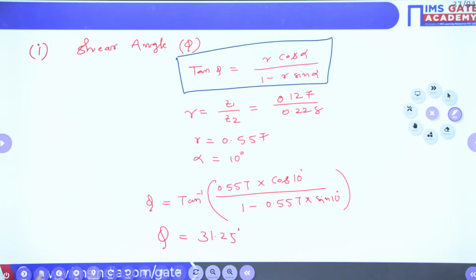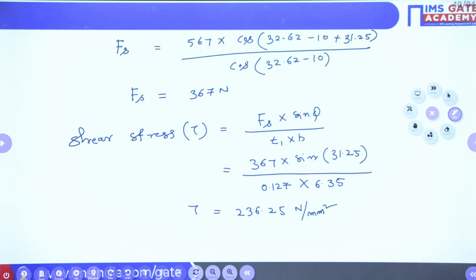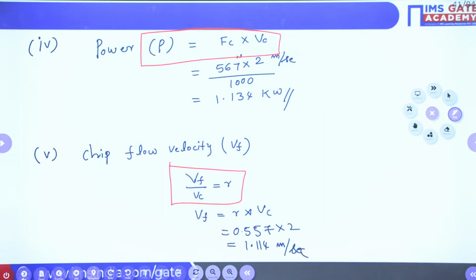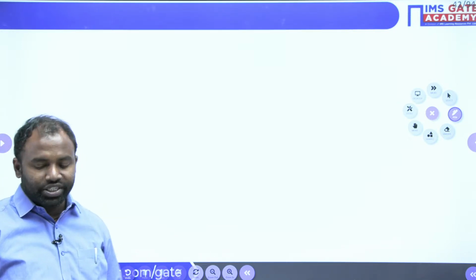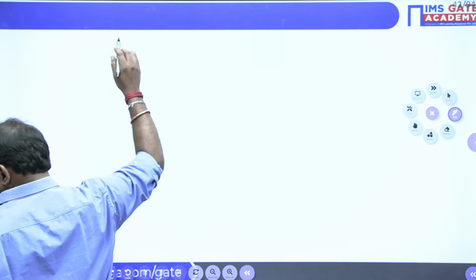Okay. Next, shear stress we found, chip flow velocity we found. What we have to find next, I guess, is shear strain, right? Shear strain.